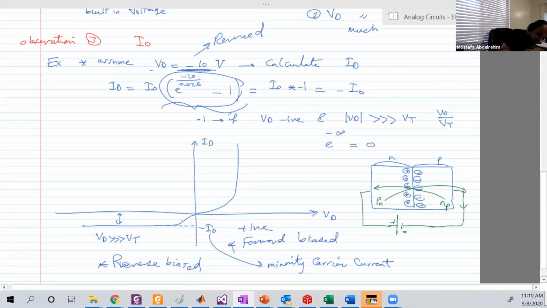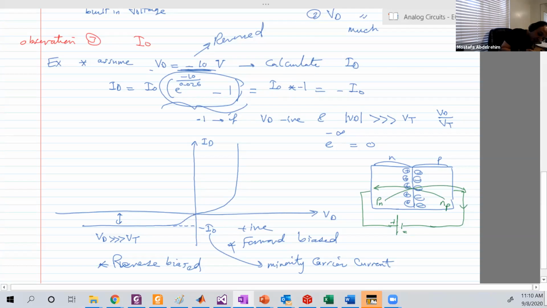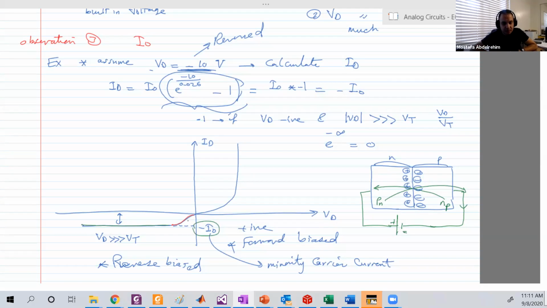In reverse, the current develops in the negative direction until some point, deep in reverse, where it saturates at one value, which is minus I naught. That's why they call it the saturation reverse bias current, or saturation current, when it comes from the minority carriers.